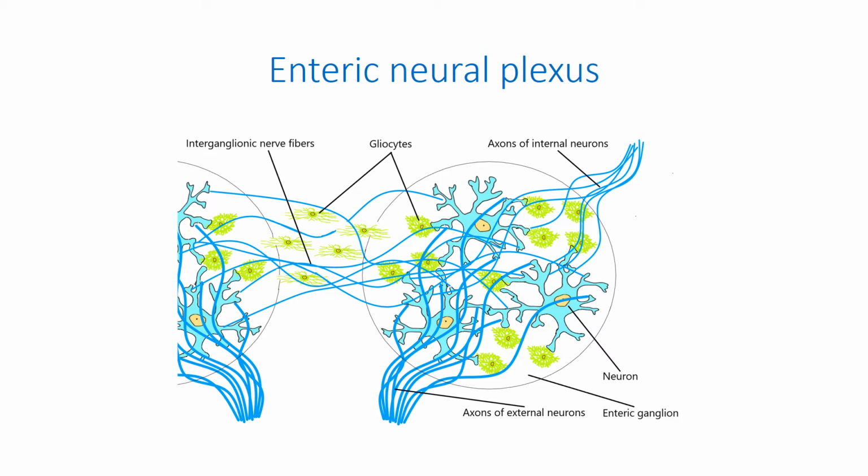The ganglia, in turn, are interconnected, forming networks or plexuses that extend along the entire length of the digestive tract. Unlike other autonomous ganglia, connective tissue and blood vessels are not found in the ENS ganglia under normal conditions.